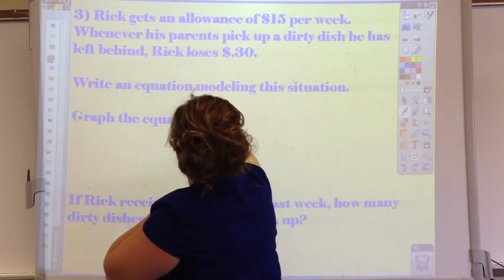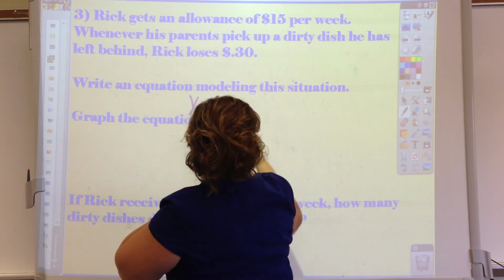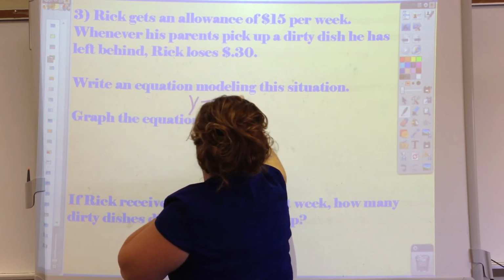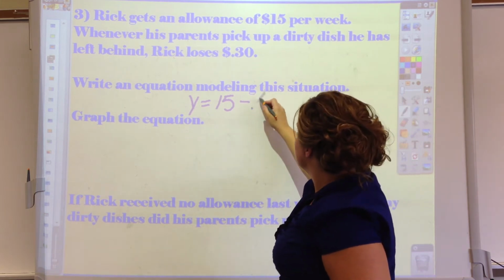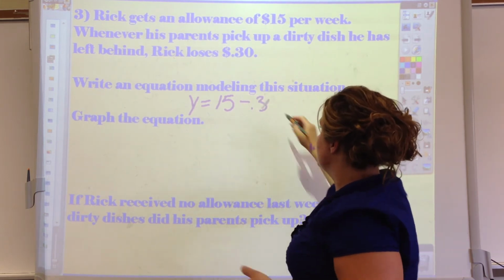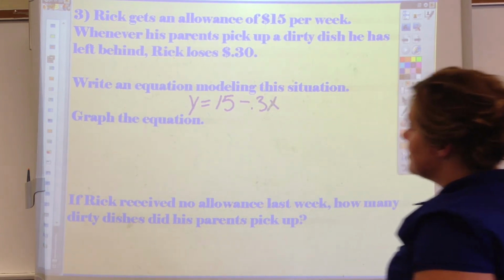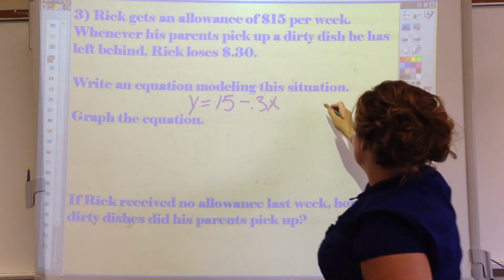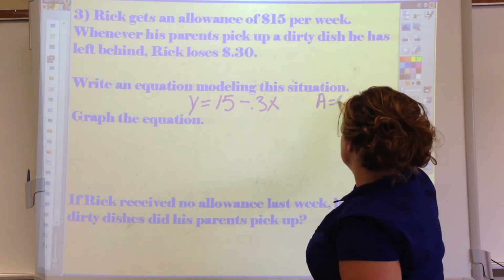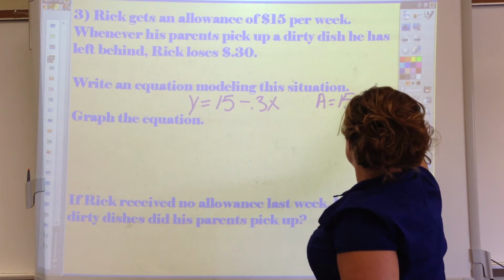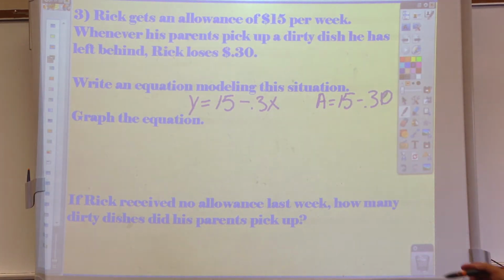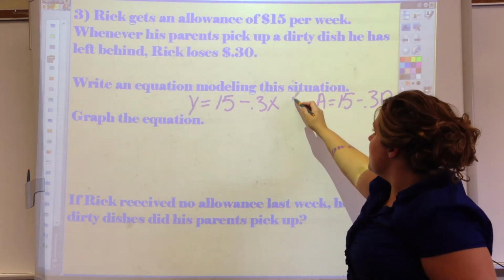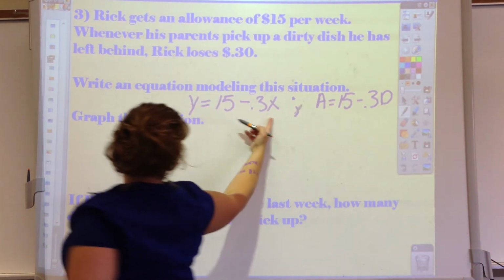If I have his allowance, let's call that y, it begins at $15, but he is going to lose, or we subtract, 30 cents per dirty dish, or per x. Some of you may prefer this type of equation: allowance equals 15 minus 0.3 per dish. Also okay.